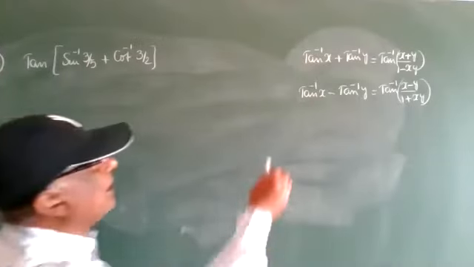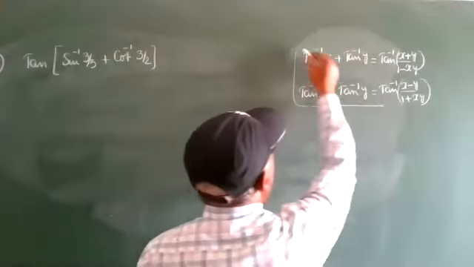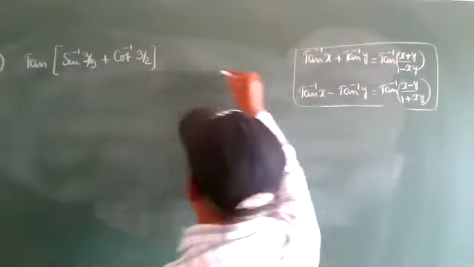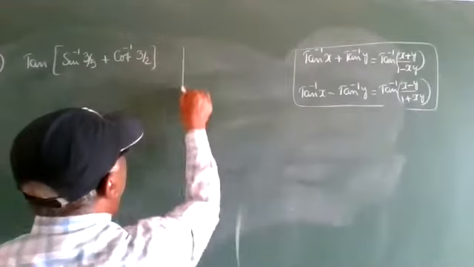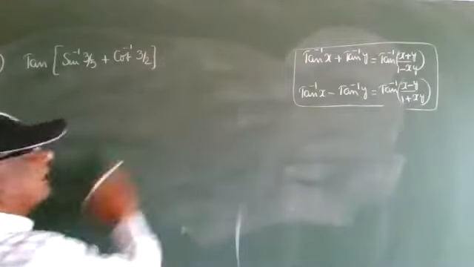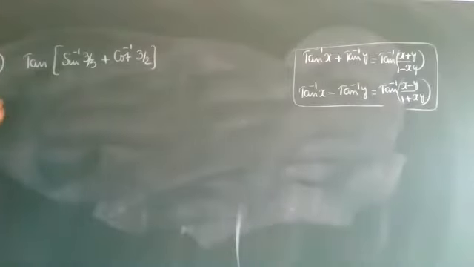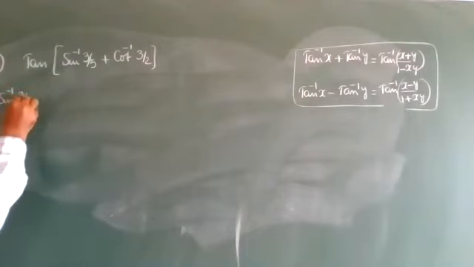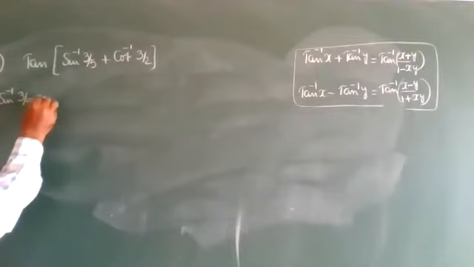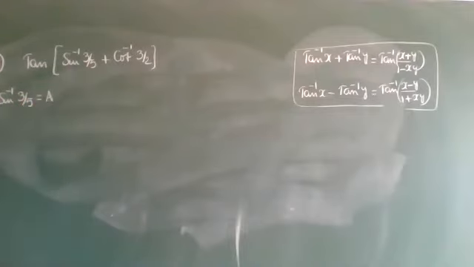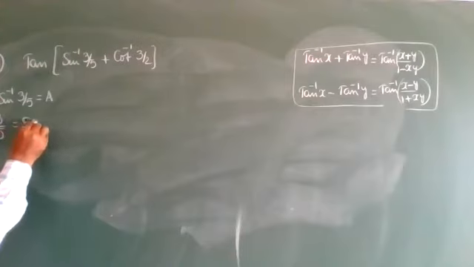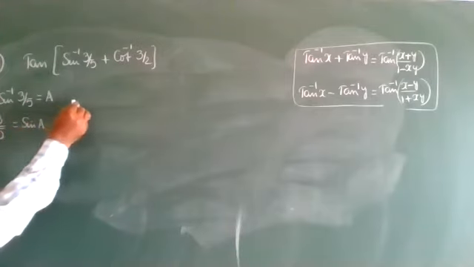How can you apply this? Already we know this formula. So let sine inverse of 3 by 5 be equal to A. Next, sine A is equal to 3 by 5. Immediately draw the right angle triangle.